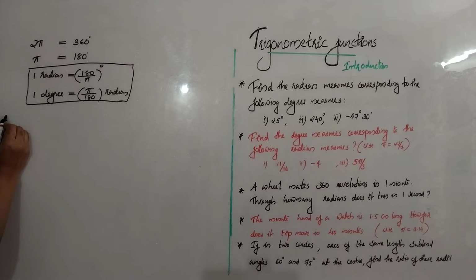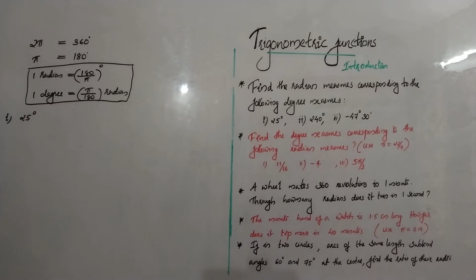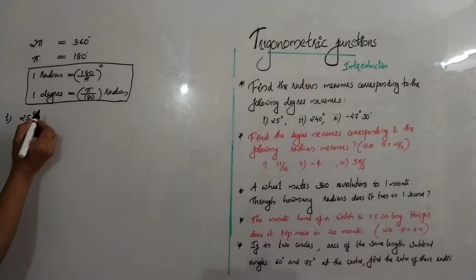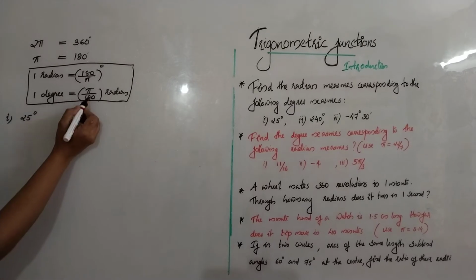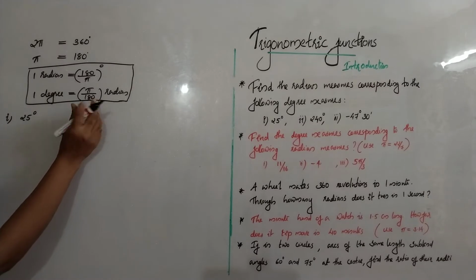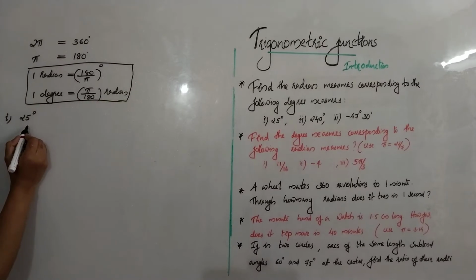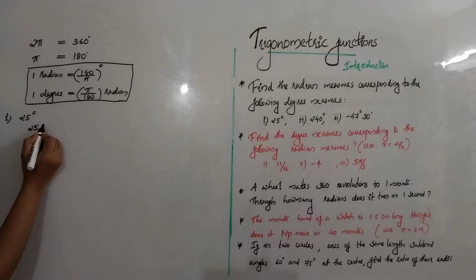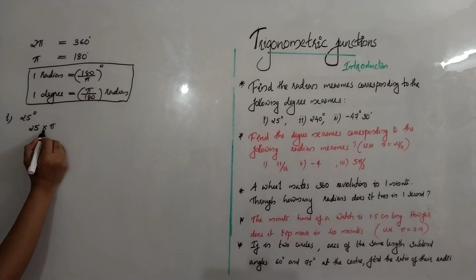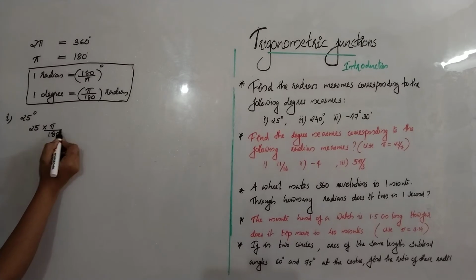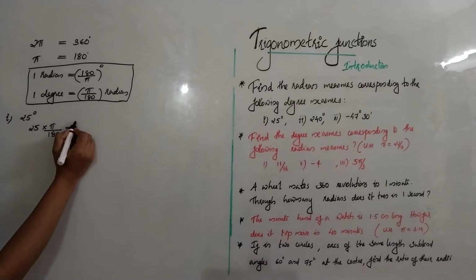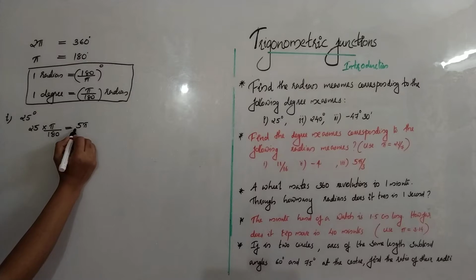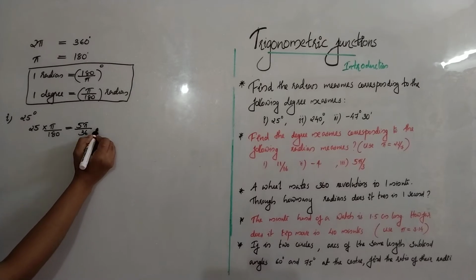Now the first question is you have to convert 25 degree to radian measures. 1 degree is pi by 180 radian. Then 25 degree is 25 into pi divided by 180, which is equal to 5 pi by 36 radian.